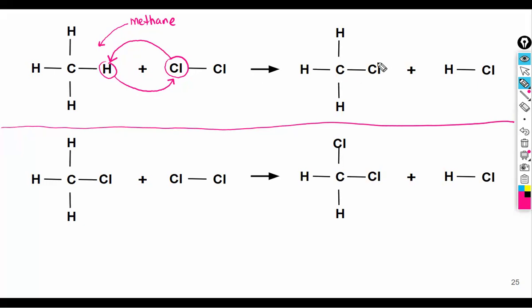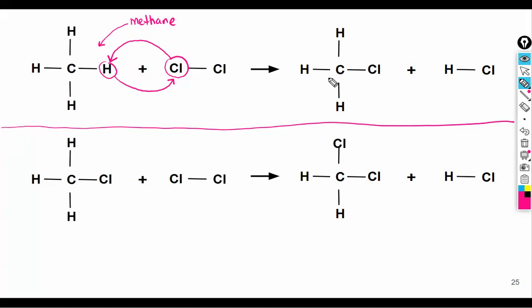Take a look at what happens. You notice over here you have chlorine now, and over here it has hydrogen, right? They kind of switch places. But I want you to think of it as a substitution. One of the H's in methane was substituted. Now keep your eye here.